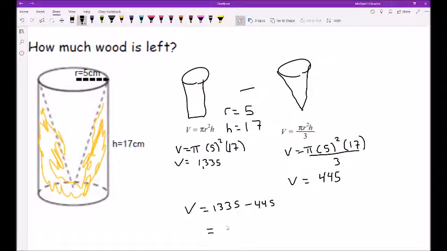Which, the answer is 890. In this case, centimeters cubed. Or, you guys remember what a centimeter cubed is equal to? Milliliters.